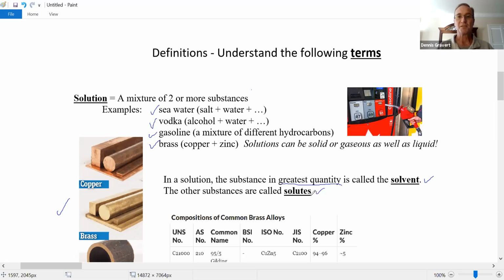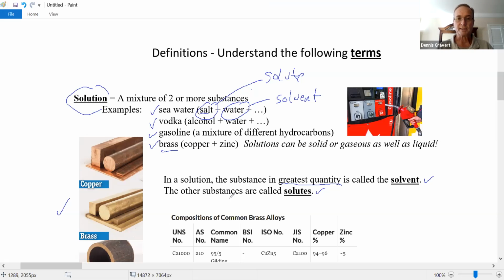All the other compounds are labeled as solutes, the things being dissolved in the solvent. So back here, salt is a solute, water is a solvent, and the two together, solute plus solvent, equals a solution.